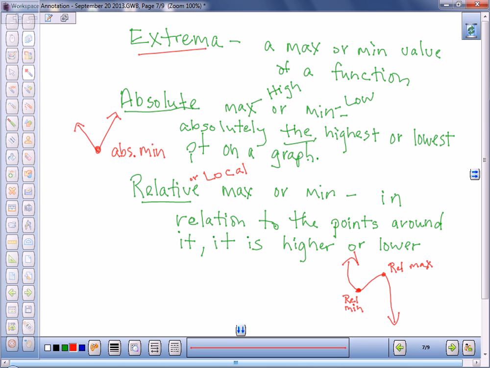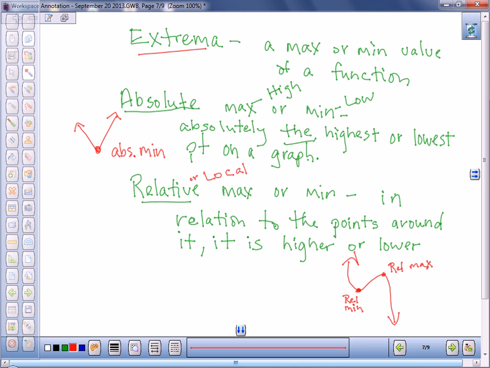Do you see how this graph goes up forever and goes down forever? But this little point right here is lower than the points around it. So it's called a relative min. This point here is higher than the points around it. So it's called a relative max. So we can really classify our extrema in 2 different ways, as absolute or as relative.